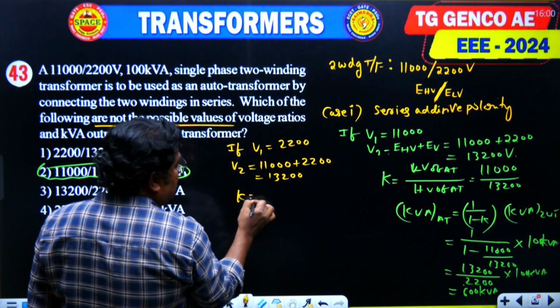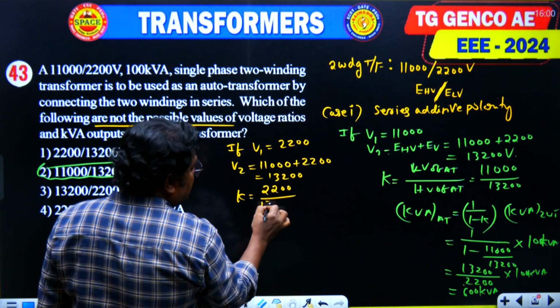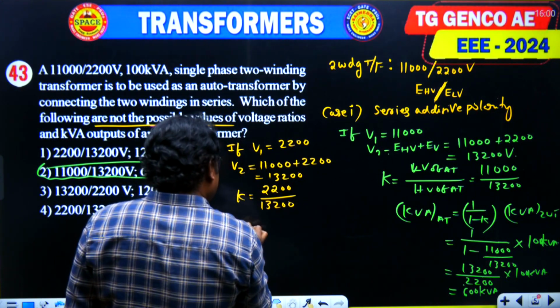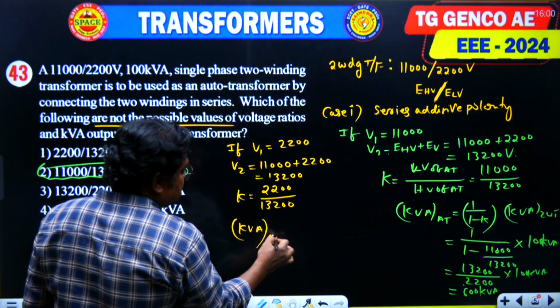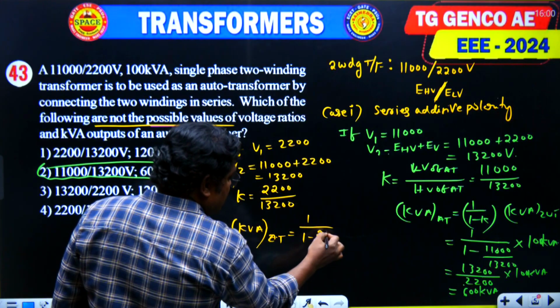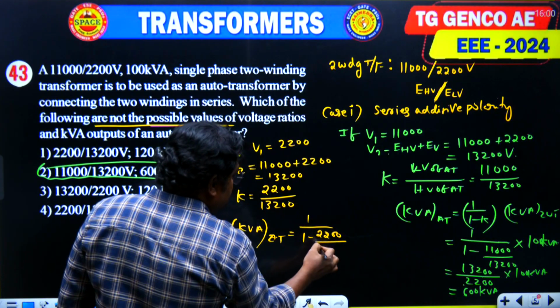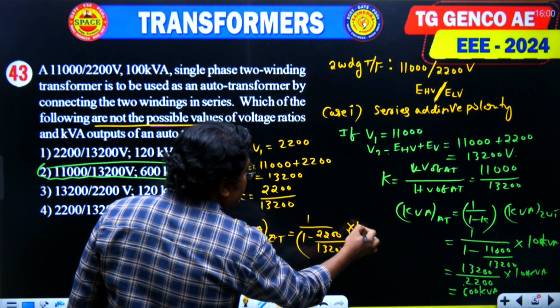So K is equal to the low voltage of the auto transformer divided by the high voltage of the auto transformer. Now what is the kVA rating? The kVA rating of the auto transformer is equal to 1 minus K, where K is 2,200 divided by 13,200, multiplied by 100 kVA.